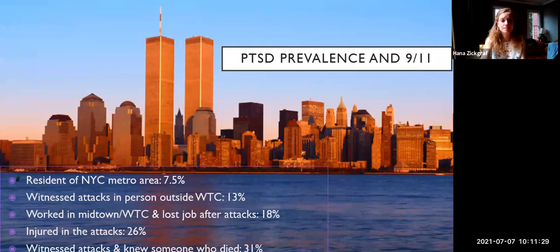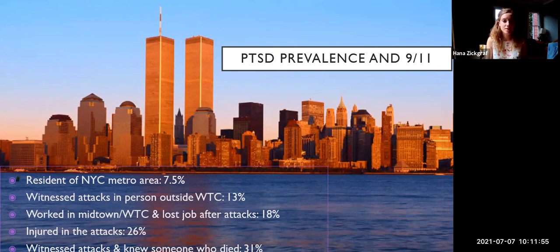Another natural example where a large group of people were all exposed to the same trauma was 9/11. And again, there's this kind of linear relationship between how close to home 9/11 hit someone and how likely they were to develop PTSD. People who lived in New York City on 9/11, about 7.5% of them went on to develop PTSD because of 9/11.